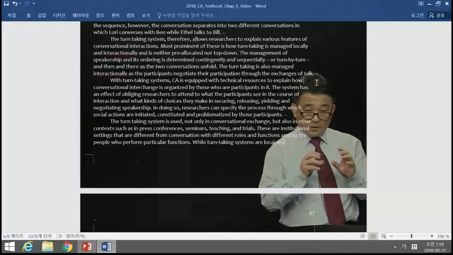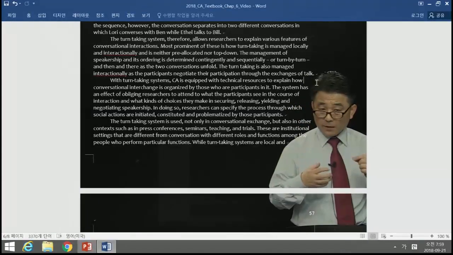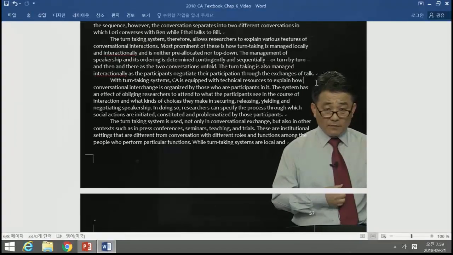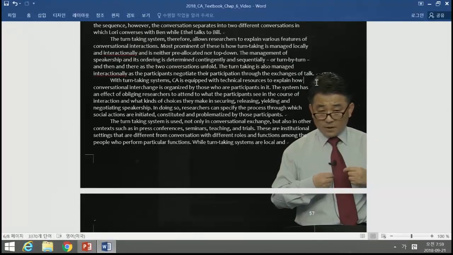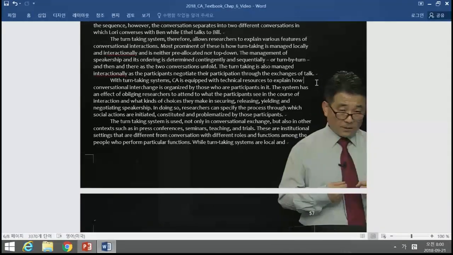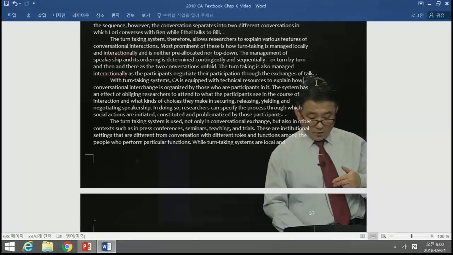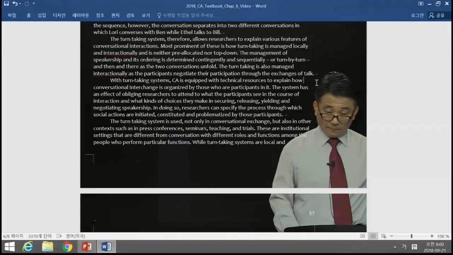So using this turn-taking system, if you look at the conversational exchange very closely, you will be able to find some eccentric phenomena. For example, if one person is insisting on talking without getting interrupted by other people, she or he may use particular strategies to do that.